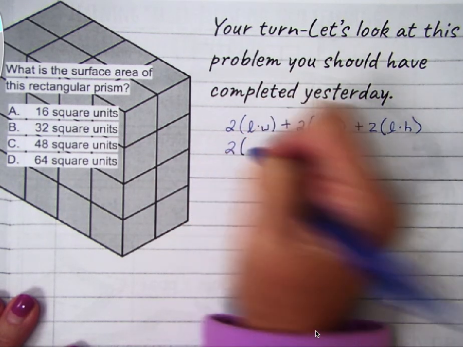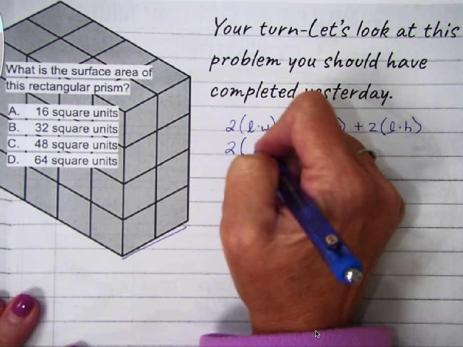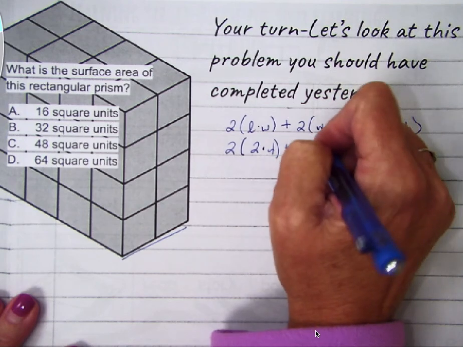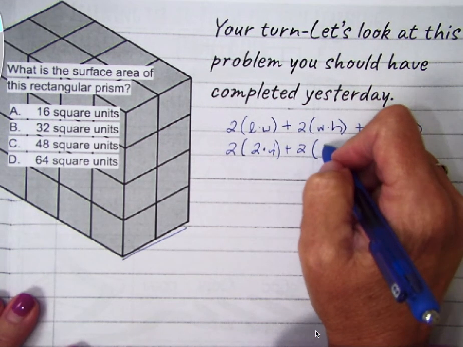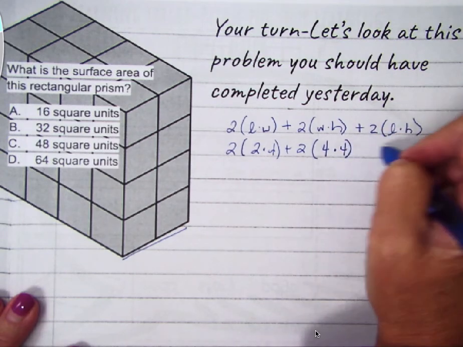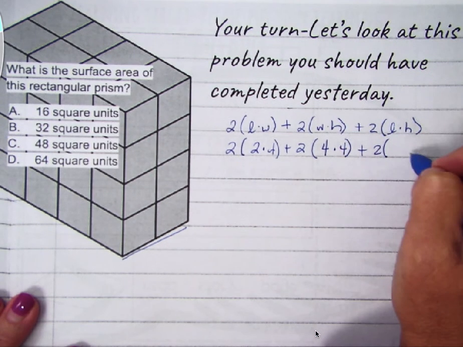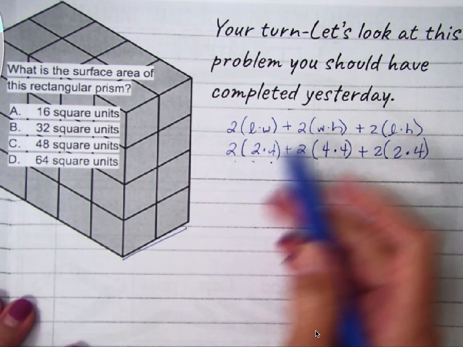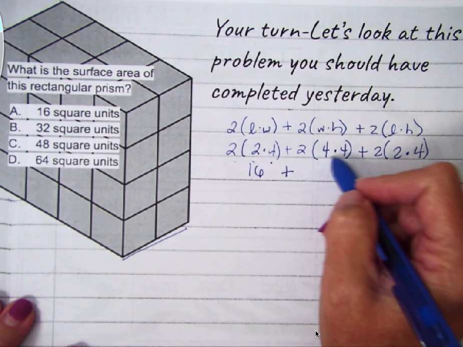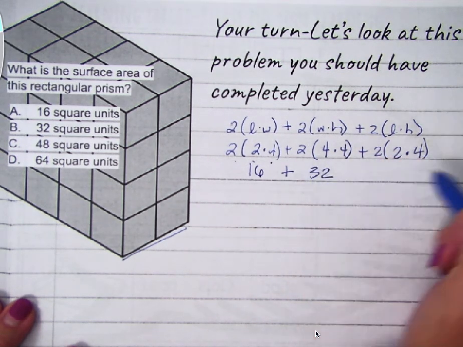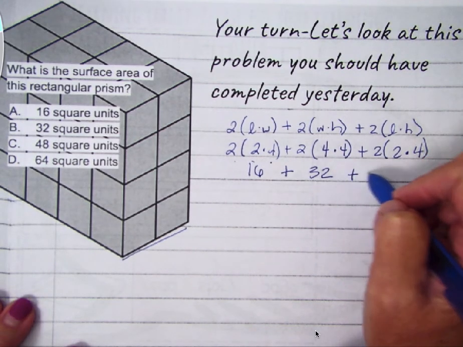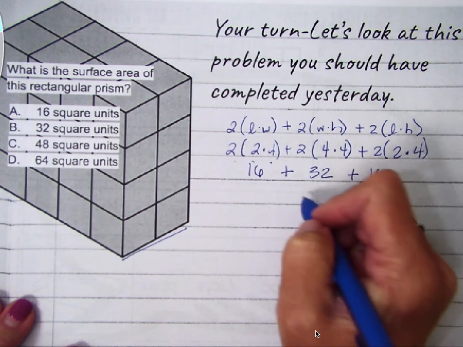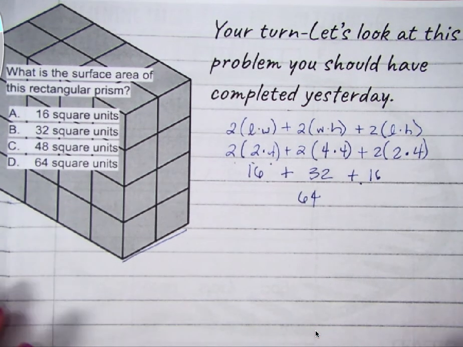My length is 2, my width is 4, and my height is 4. So 2 times 4 is 8, times 2 is 16. 4 times 4 is 16, times 2 is 32. 4 times 2 is 8, times 2 is 16. So 16 and 16 is 32. 32 and 32 is 64. So the correct answer is D.